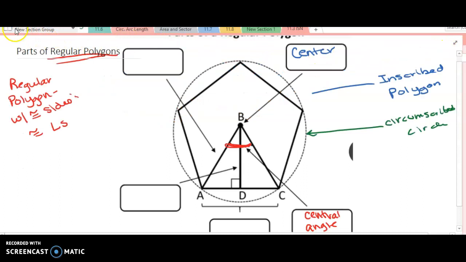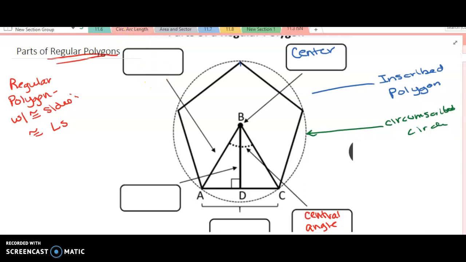So this here would be a central angle. And if I draw this to this next vertex, this would be a central angle. Here to this vertex, this is a central angle. And once again, we have central angles. So this is a pentagon. It has 5 sides. We have 1, 2, 3, 4, 5 central angles. If you have a hexagon, it has 6 sides, it would have 6 central angles.